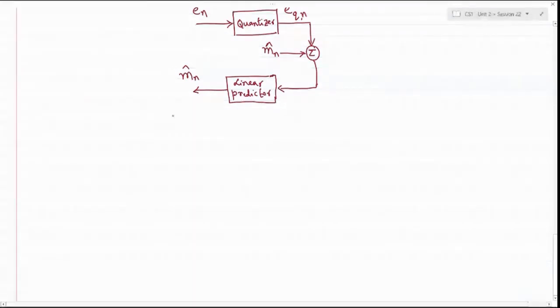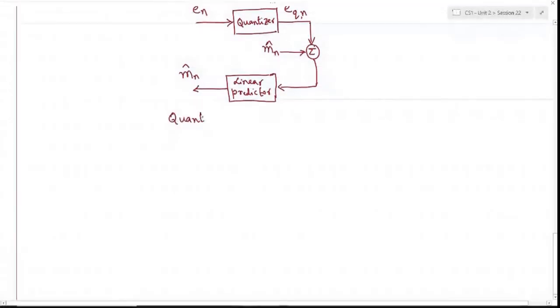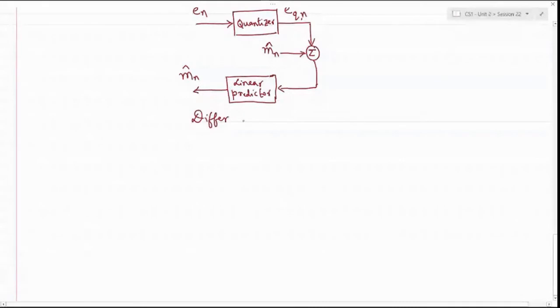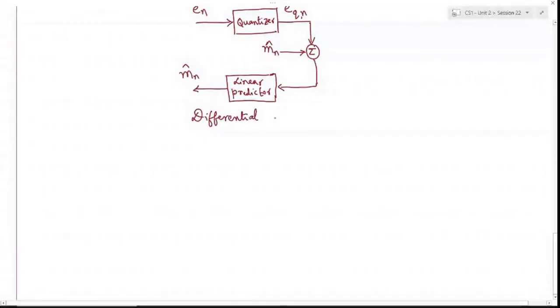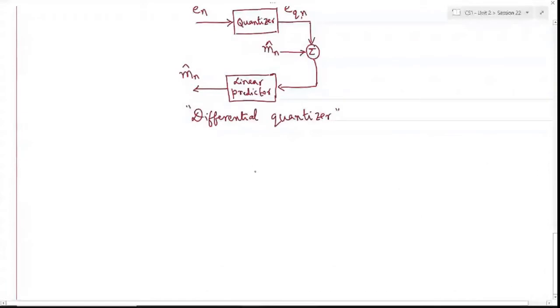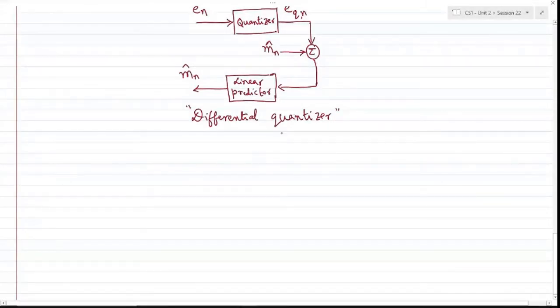This is the structure involved in a differential quantizer. It is not a regular quantizing process, unlike in your PCM system. This is the quantization process on the difference of the samples, and hence it is known as a differential quantizer.